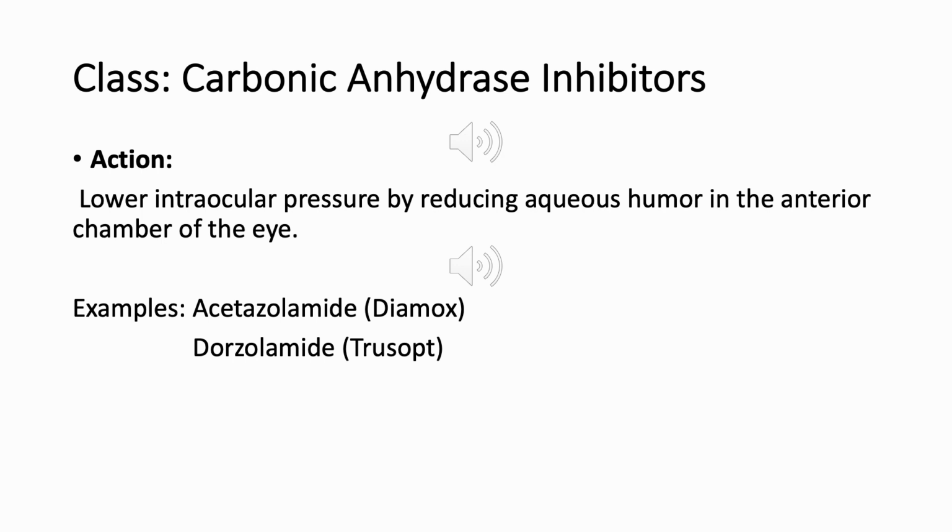Monitor for CNS side effects such as drowsiness, fatigue, depression, and irritability. These may require a change in drugs. Notify the healthcare provider if the patient has a history of gout because these drugs may increase the uric acid levels. The nursing implications and patient teaching assessment.